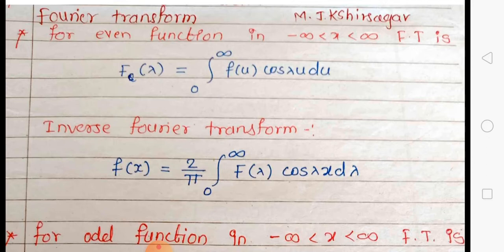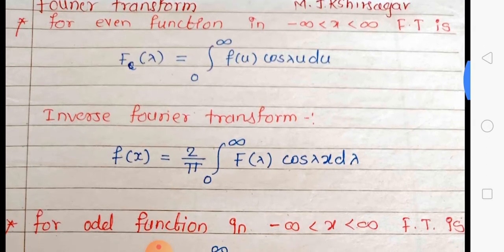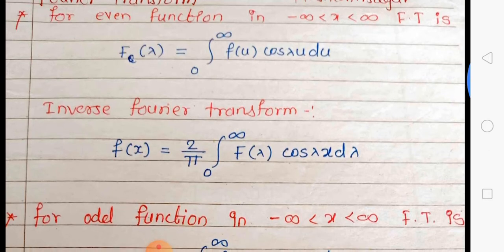For even function in minus infinity to infinity, Fourier transform is given by F of lambda is equal to integration from 0 to infinity f of u cos lambda u du. And the inverse Fourier transform is f of x is equal to 2 upon pi integration from 0 to infinity F of lambda cos lambda x d lambda.